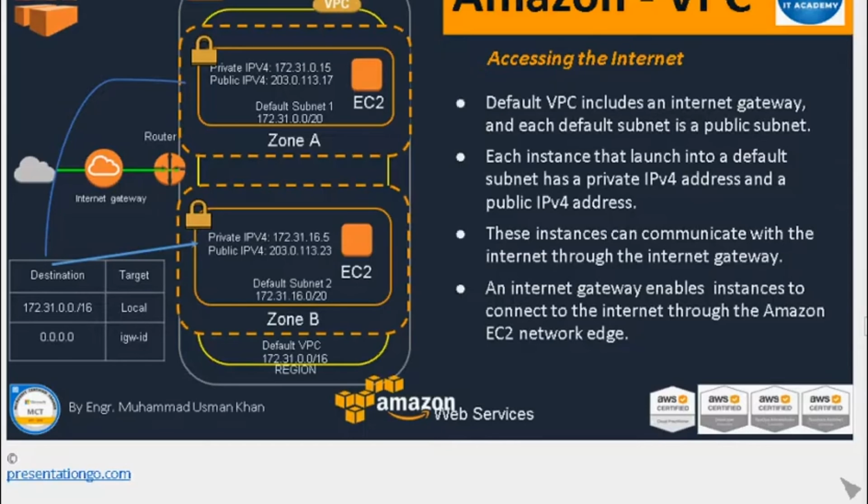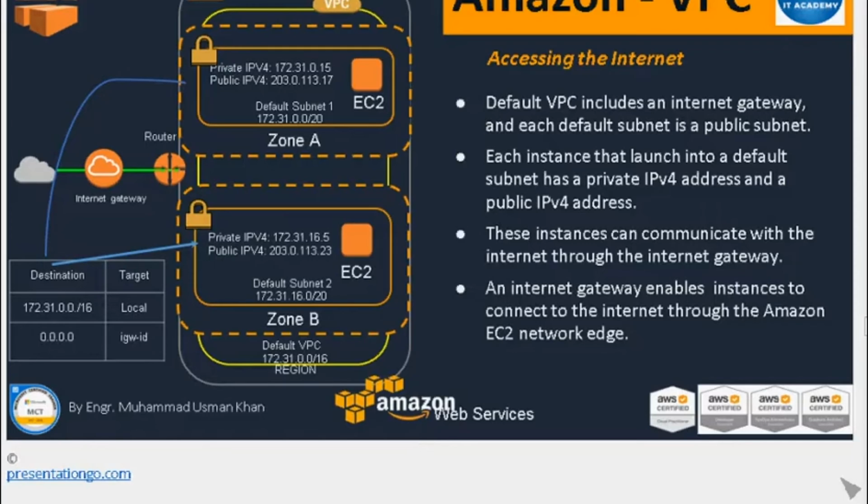This is zone A and this is zone B. Both are connected to the destination local and have the same internet gateway, 0.0.0.0/0, for accessing the internet. So both subnets and both zones can access the internet using the same route table, using the same route at the same time.